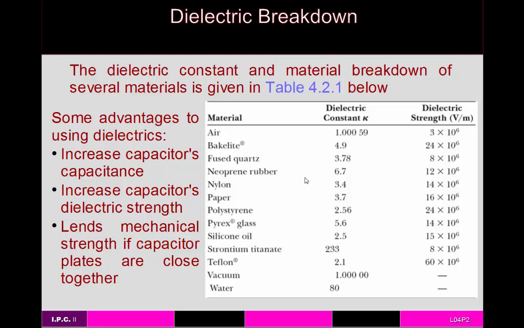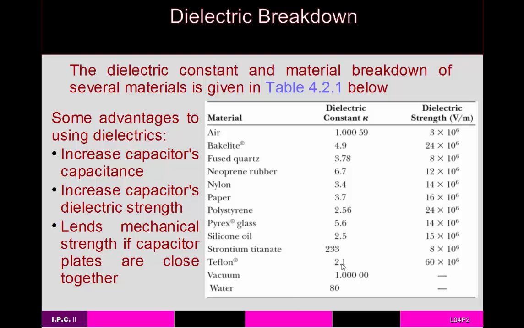So far our calculations have assumed that there's vacuum between the two plates. Air, you can see, is a very close approximation. The difference being that there's not really a dielectric breakdown for vacuum that would fit on this chart. There is such a thing for air. And so you can see that there's a few advantages to using a different dielectric than air.